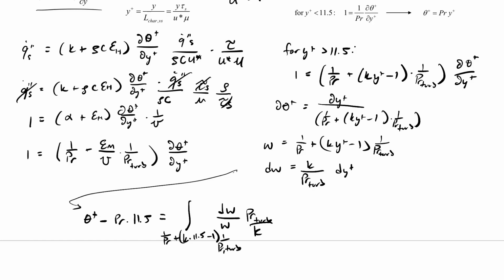That's our w in the lower bound of the integral. On the upper bound of the integral, that's just going to be 1 over Prandtl plus kappa times y plus minus 1 times 1 over the turbulent Prandtl number.